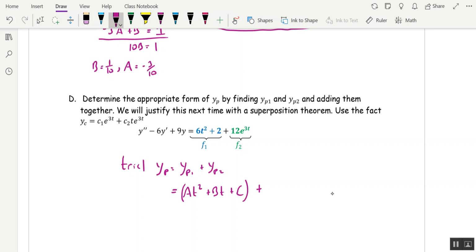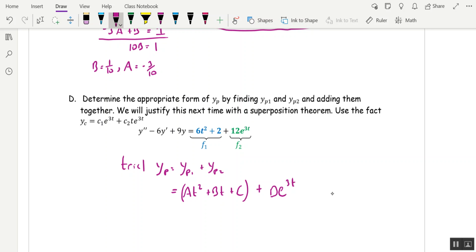So I want a constant d e to the 3t. Now, a common mistake, since this is yp1 plus yp2, is to start from the beginning and say, oh, I'm going to use a again. You can't do that. A is being used, so it's not the same a. So call it something different. Call it d. So I've got yp1 plus yp2.